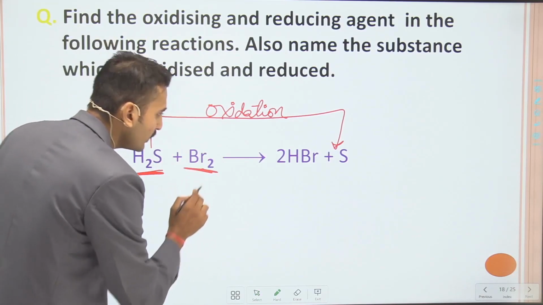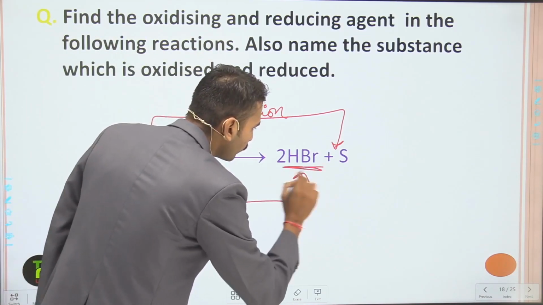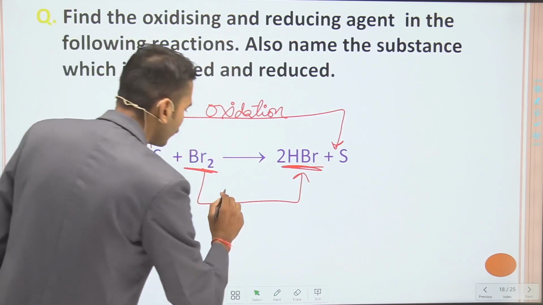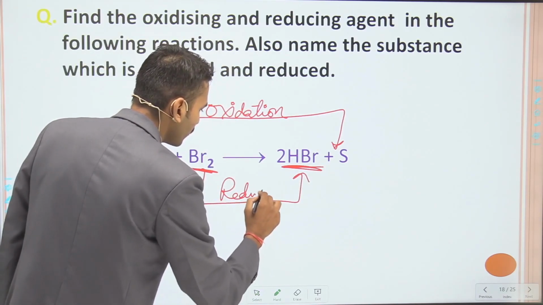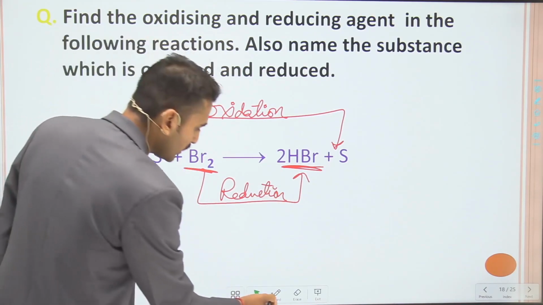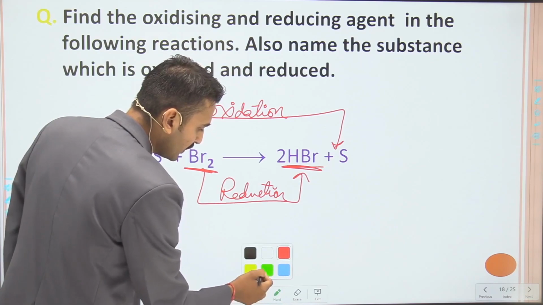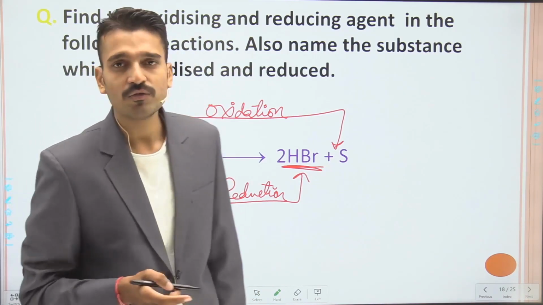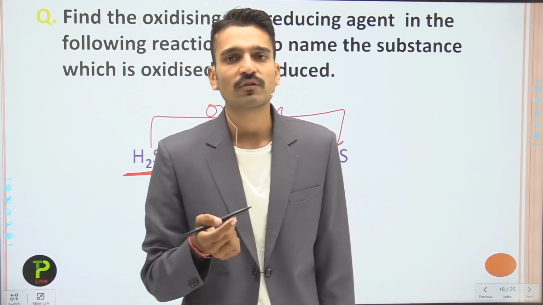While for the bromine there is addition of hydrogen. So for bromine, reduction is happening. So what are the reducing agent as well as the oxidizing agent? The substance which is getting reduced acts as an oxidizing agent.